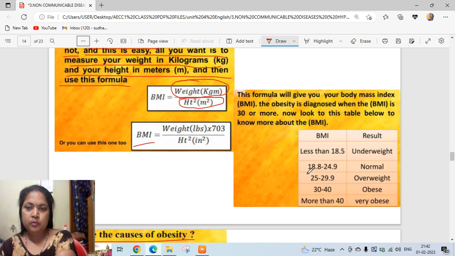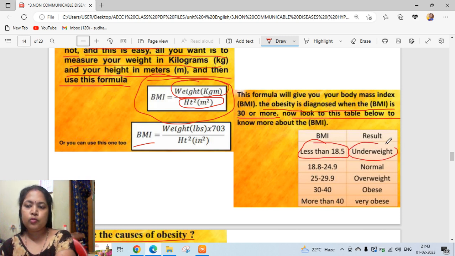So this formula will give you your body mass index, and obesity is diagnosed when the body mass index is 30 or more. Now look at this table: if after using this formula you get a body mass index less than 18.5 it means you are underweight, and if it is between 18.5 to 24.9 it means you are normal.